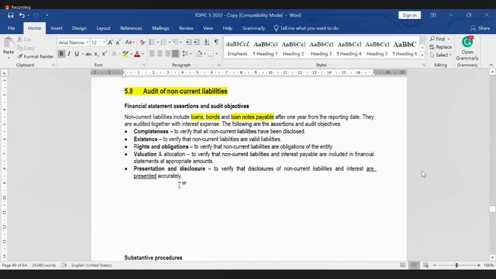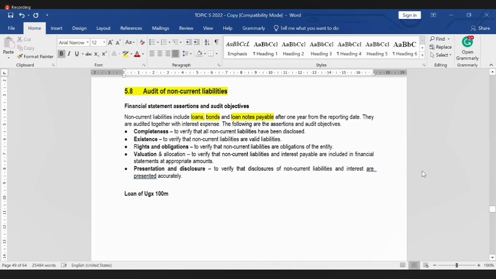So, for example, you find that there's a loan of UGX 100 million. Now, how do you verify? You want to verify whether this loan exists, whether it is completely recorded.